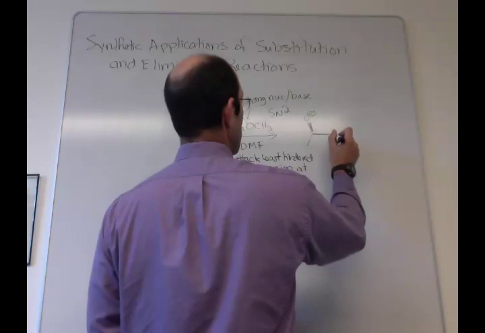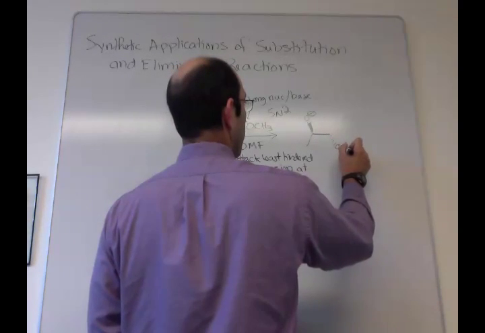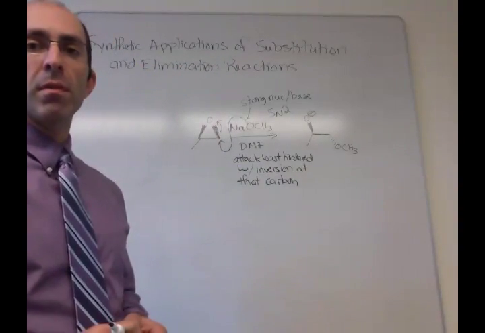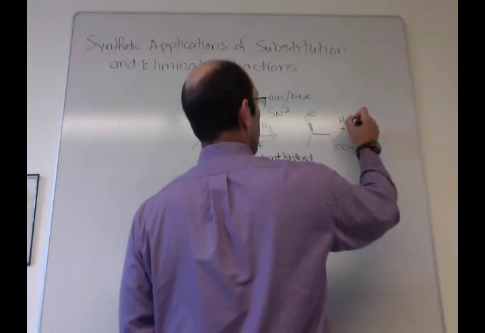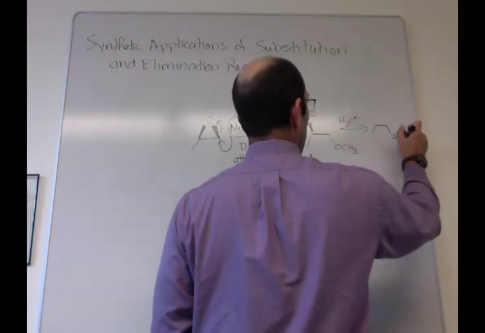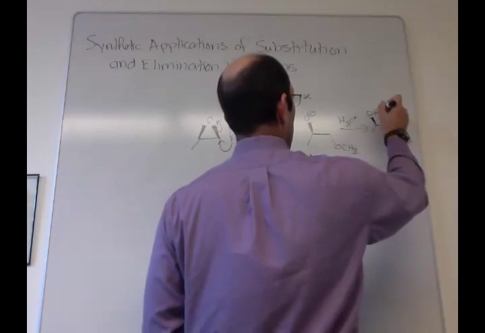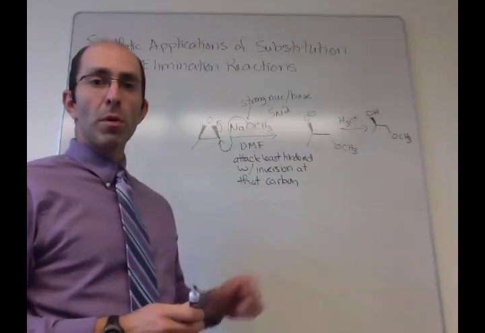And I know this isn't a stereocenter, but if it were, we would make sure that we had the OCH3 coming in from the back, and then we can add an acid quench to give us our product. All right, so SN2 reaction.